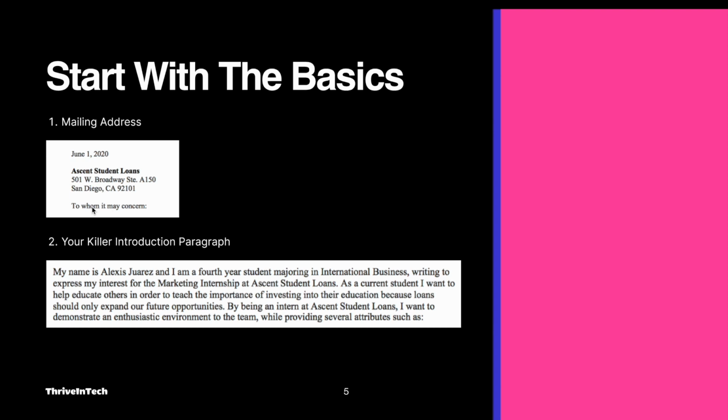The reason why it's better to use to whom it may concern, as against dear sir or ma, is because of inclusivity. You don't know the person that is going to be receiving your letter. You don't know if it's a man or a woman. If you start your letter with dear sir and the person is a woman, that's the end. If you start with ma and the person is a man, that's the end.